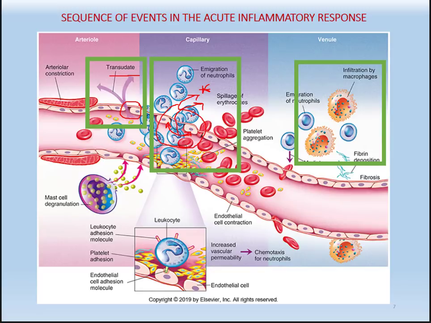Now, how does a neutrophil know where the injury is? Well, something called chemotactic factors are released at the area of injury. And these chemotactic factors are going to be attractive to the neutrophils. The neutrophils and even other cells later on are going to be attracted to this area in order to complete their role of really cleanup.